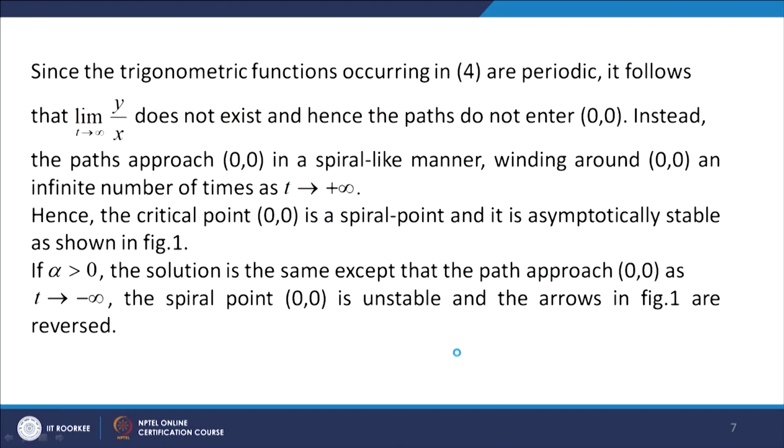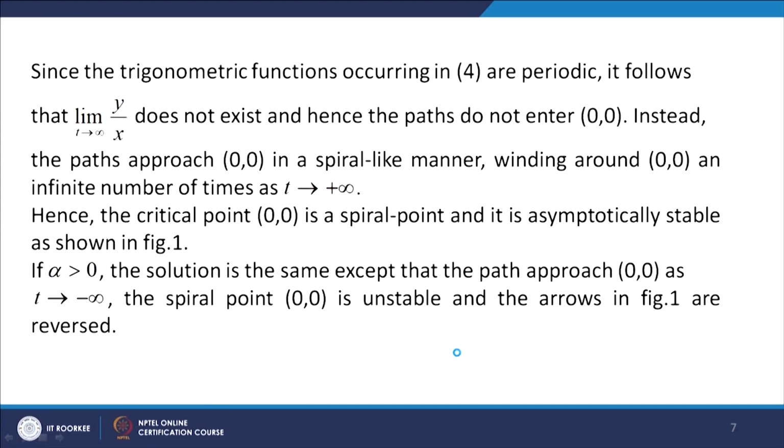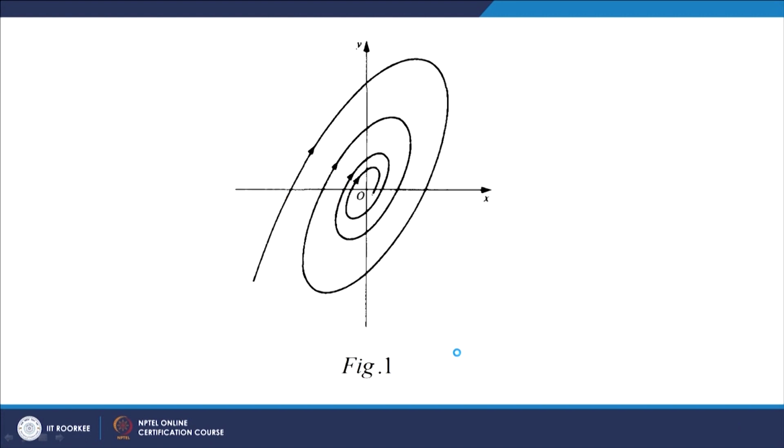Now, you can see here the functions are trigonometric functions, they are periodic. cos phi 3 is periodic, sin phi 3 is periodic, tan of beta t plus phi 1 is also periodic. So, since the trigonometric functions occurring in 4 are periodic, it follows that limit as t tends to infinity of y over x does not exist.